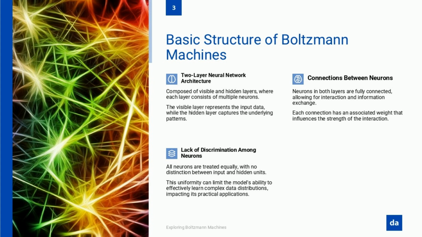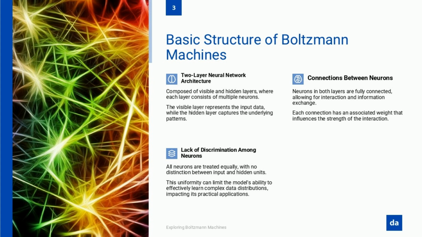Unlike more structured architectures where information flows in a controlled manner, Boltzmann machines work by exploring different states and adjusting their connections dynamically. One of the key challenges with Boltzmann machines is that they treat all neurons equally. There's no clear distinction between input and output neurons, which can make training inefficient. To address this, a more efficient variation called the Restricted Boltzmann Machine, or RBM, was introduced.